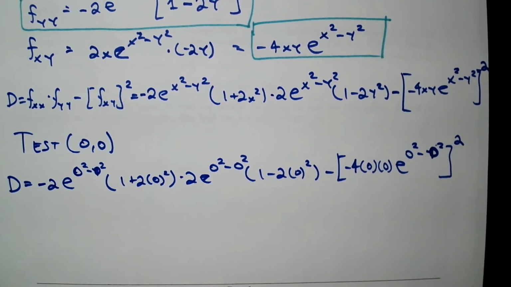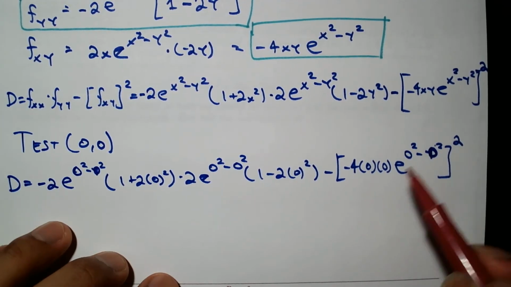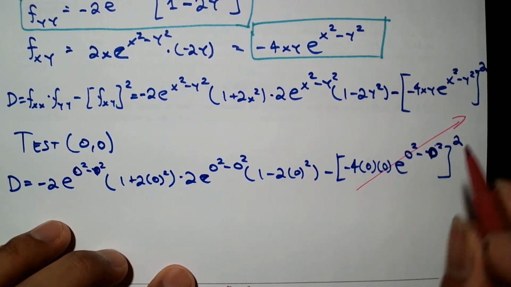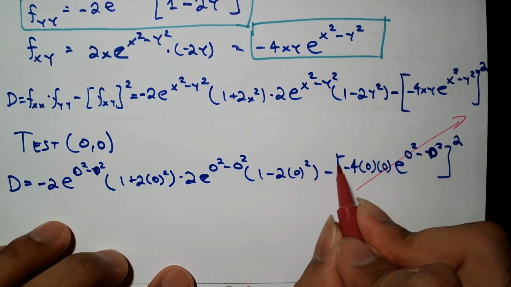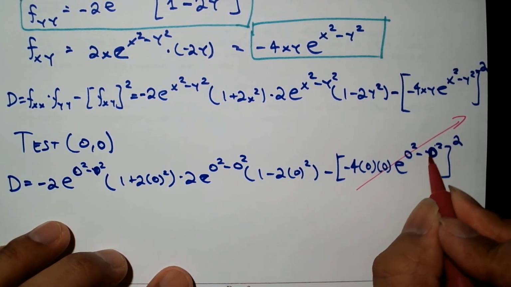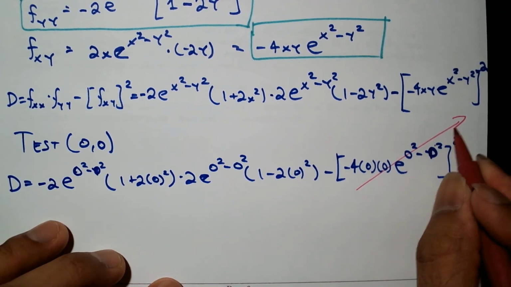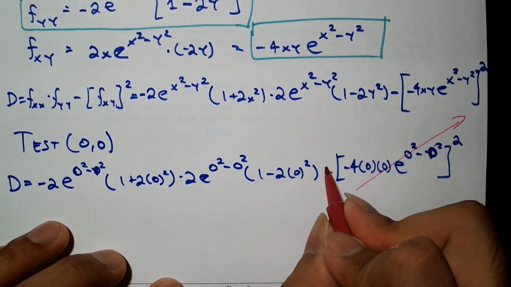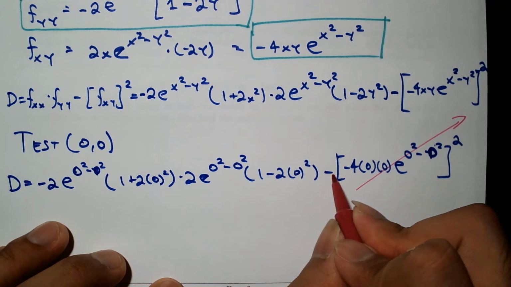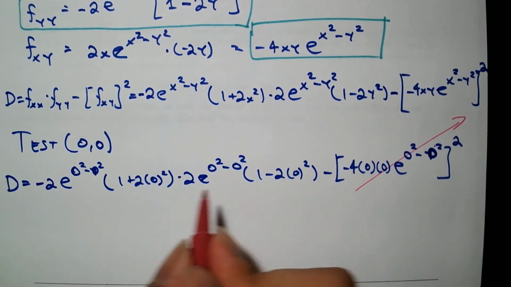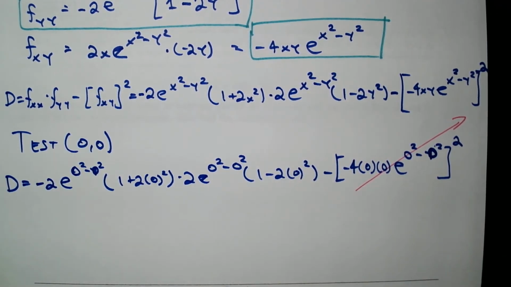Okay, so the good news here is that you don't have to worry about this term, because 0 times 0 is 0, times negative 4 is 0, times anything, it's still 0 squared, it's also 0. And whatever quantity minus 0 is going to be our whatever quantity.